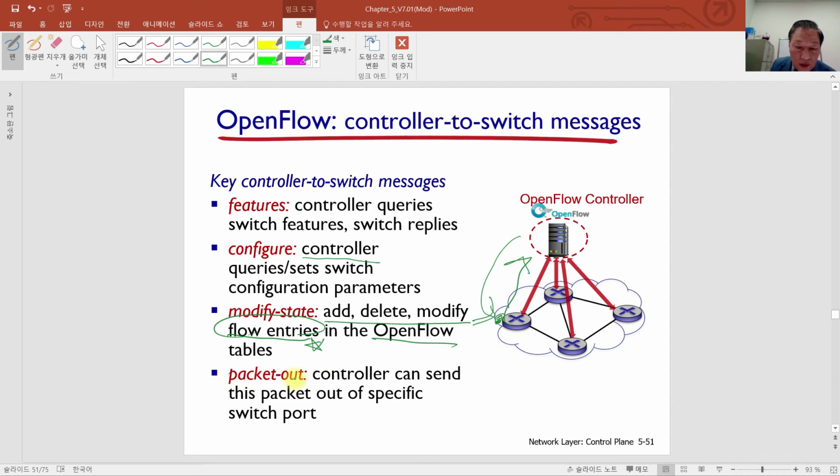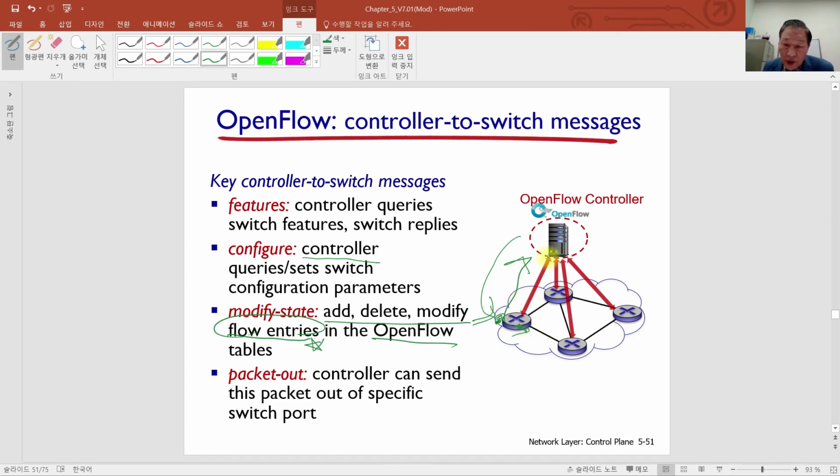And the packet out. The controller can send this packet out of a specific switch port. This is the controller. Some switch port, the packet will be sent out.